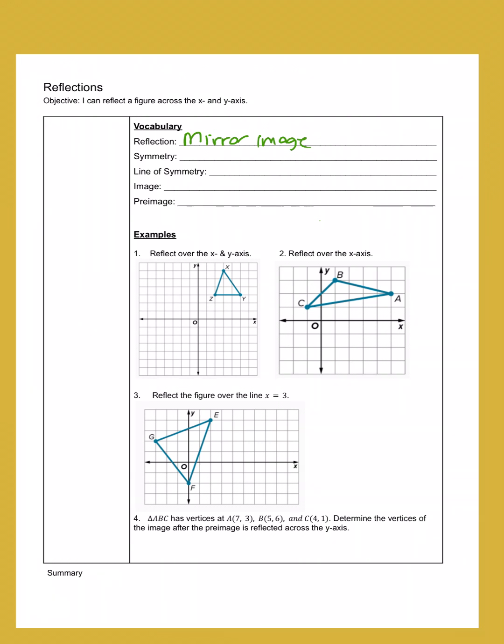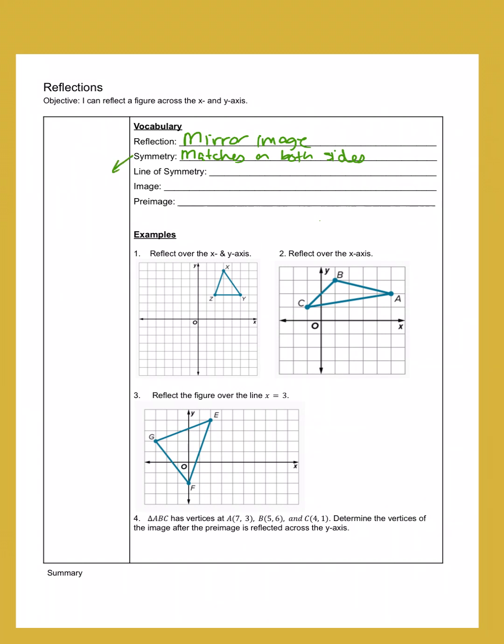And also when you look in the mirror, everything looks the same. So symmetrical means it matches on both sides. For example, we can look at an example of symmetry.